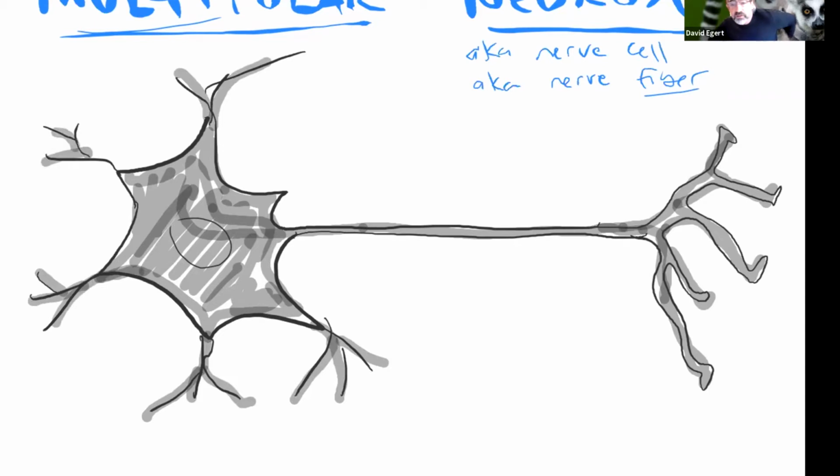Okay, so there's my neuron. It can be really big. Like I said, it's nerve fiber because it's kind of long.